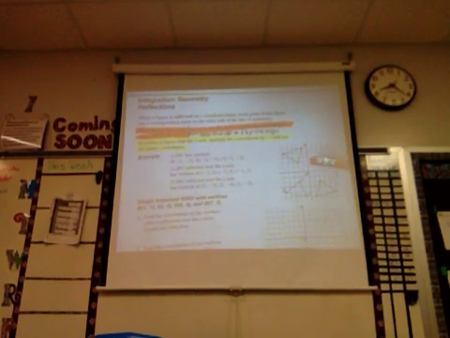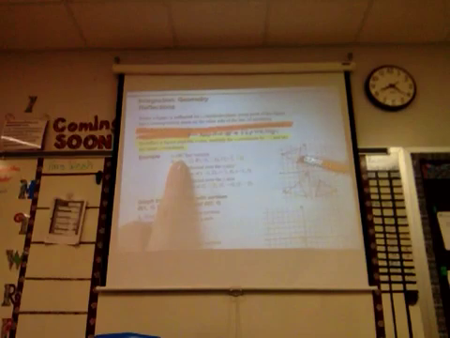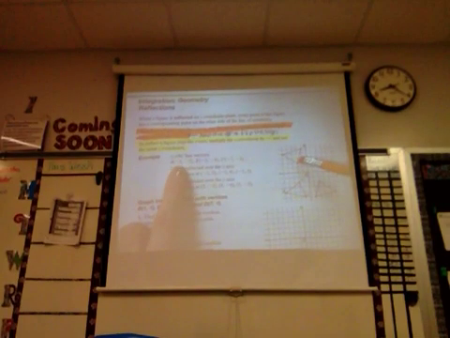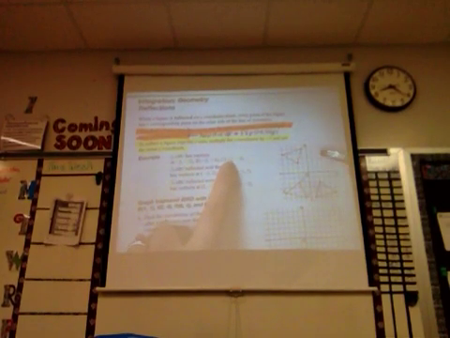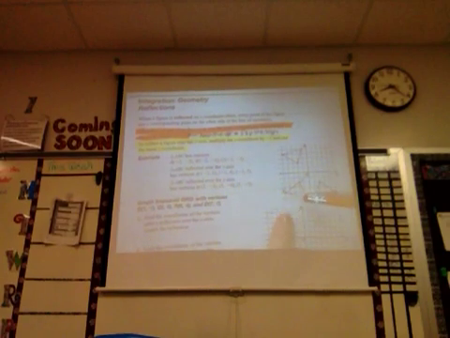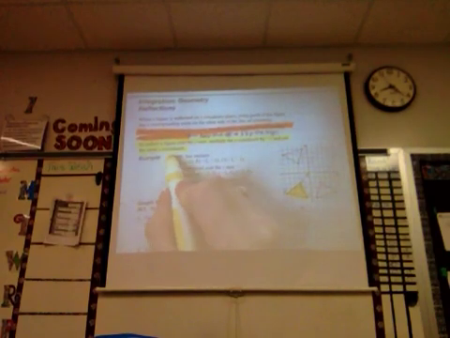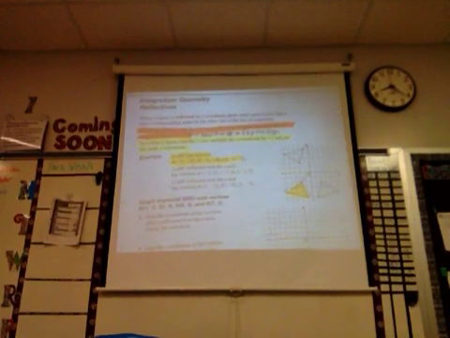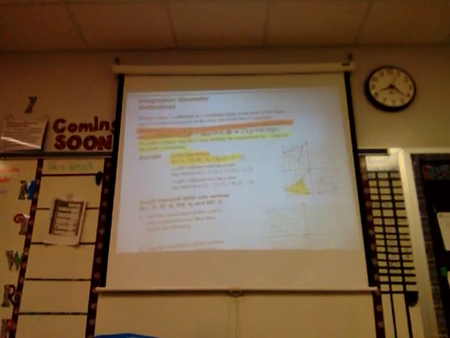Here's our example. We have triangle ABC, and it has those vertices. So that means it's this triangle right here. This is our original one. That's our original. And then we reflected it over the x-axis.